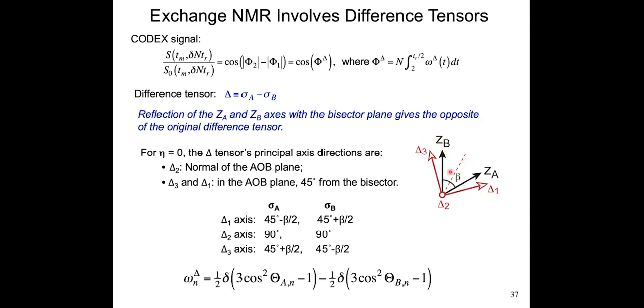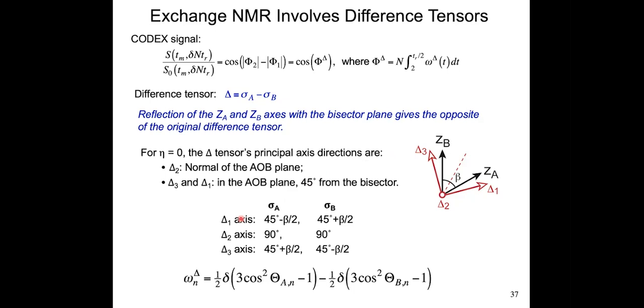And these two axes should be perpendicular to each other. Okay, do you see that? So if I reflect the ZA-ZB around the bisector, I should get the opposite sign for the difference tensor. And that dictates how I expect the difference tensors 1, 2, 3 axes should be. 1 and 3 should be the two sides at 45 degrees from the bisector.